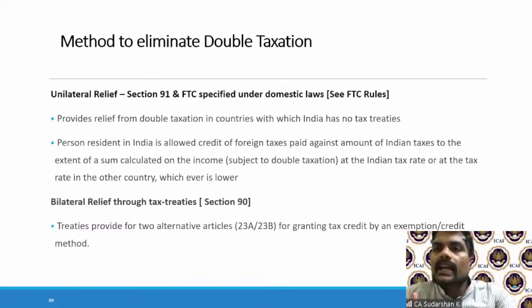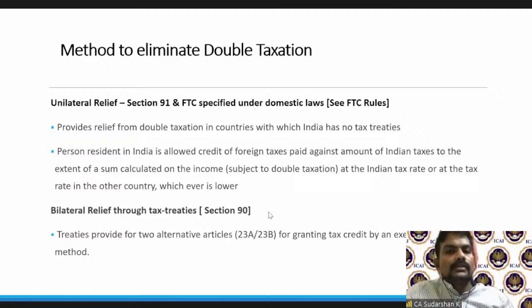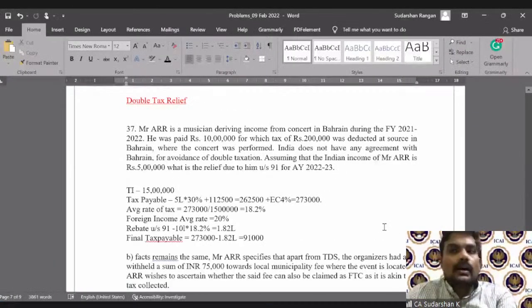Let's take this example to appreciate this. Go to your problem sheet, problem number 37. This will give you an idea about how foreign tax credit works.